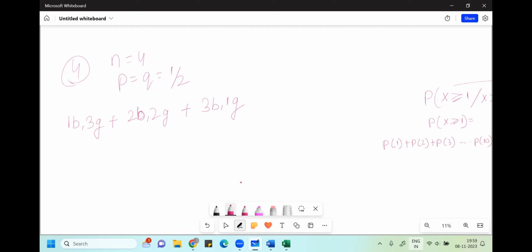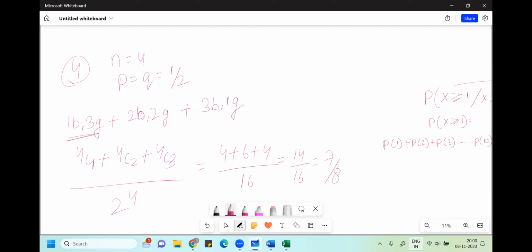N is 4 here, so you can directly apply nCr. Will that be a problem if I directly apply nCr? So here this can be 4C1, this is 4C2, this is 4C3, by 2 to the power 4. Any problem? This is 4 plus 6 plus 4 by 16, which means 14 by 16, or 7 by 8.